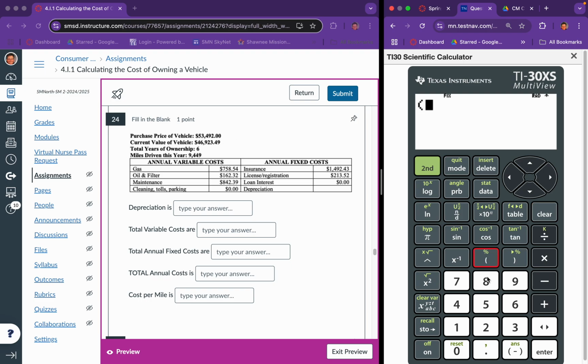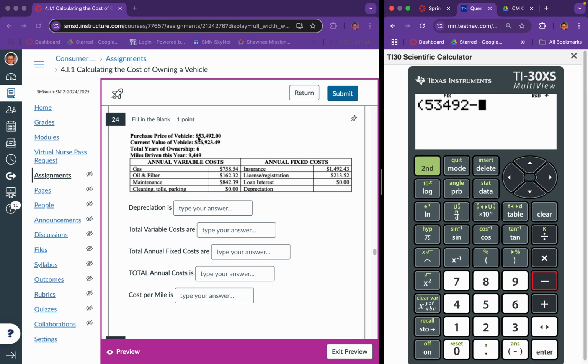So we're going to open a parenthesis and we're going to put $53,492. So when you bought it, the car was new. It's not a new car anymore, but you bought it for $53,492.